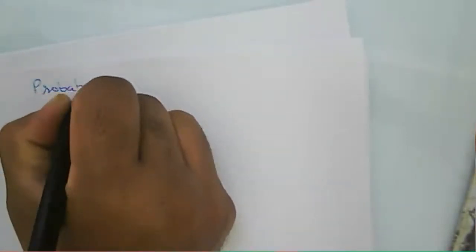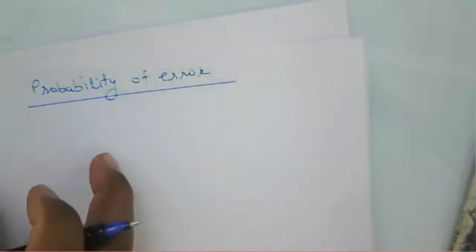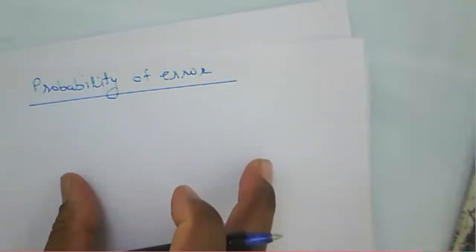So we write here directly a table, and that table reflects the probability of error in the case of heterodyne and homodyne here, and that probability of error as a function of received photons per bit for the coherent optical system.